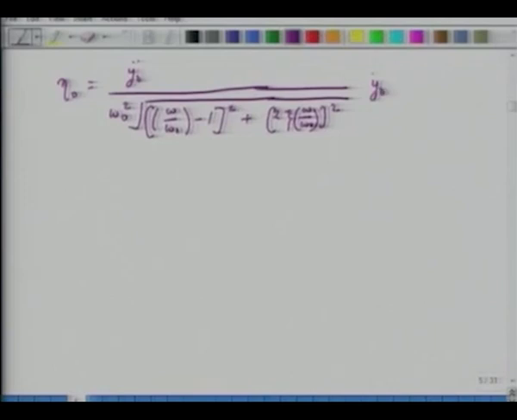What y naught double dot is, is the acceleration amplitude. Okay, so it's the amplitude, but of acceleration.